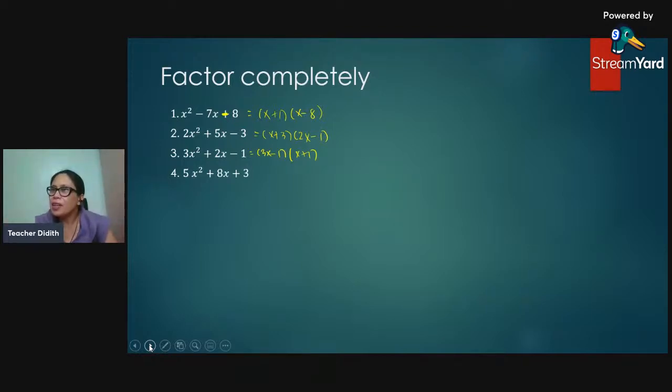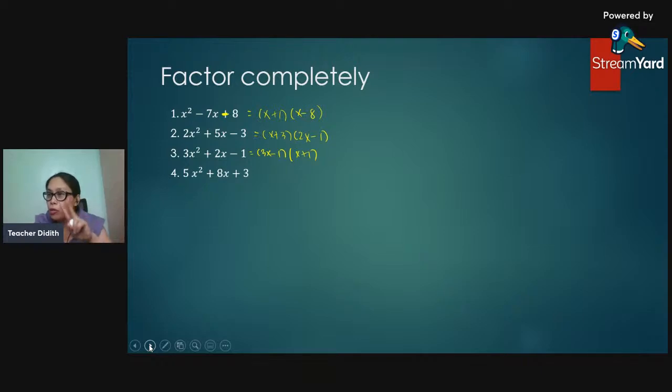So it's necessary that you check the middle term, guys, because it's expected that the product of the first and the last terms will be correct because we base our factors from the first and the last terms. We have to verify if that matches the OI, the outer, the sum as we add the product of the outer and the inner terms.